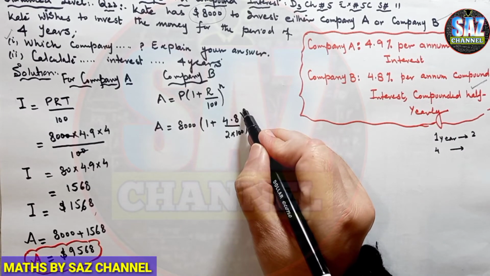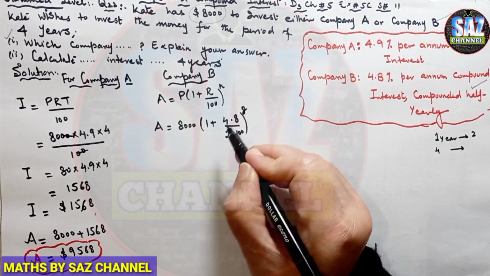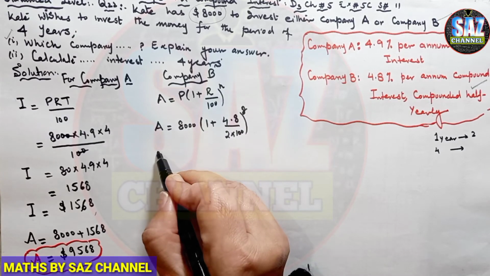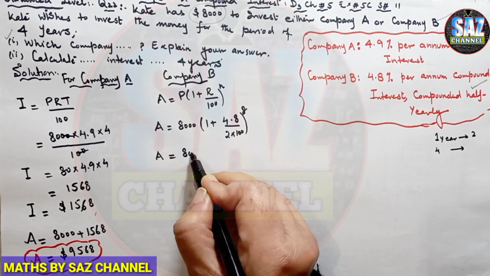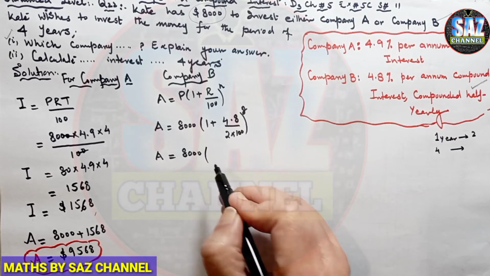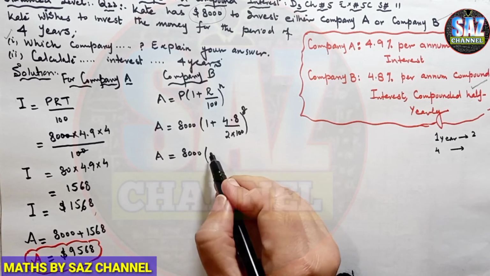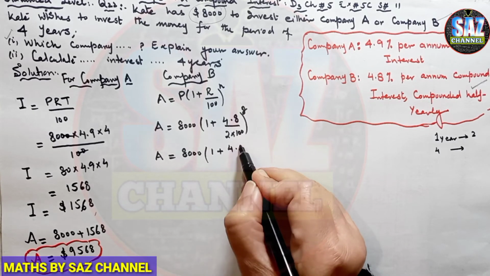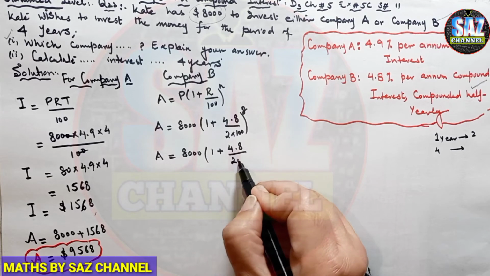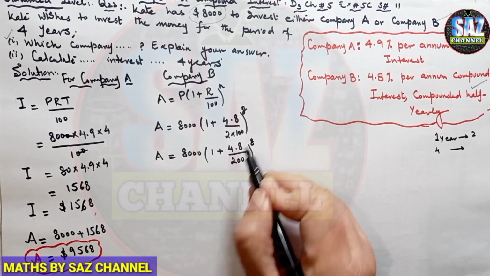So I have to write here raised to the power of 8. I hope you are clear about this point. This is an important and technical point, and the question is purely an exam question, so you should have a clear understanding of it. This takes the form 4.8 upon 200 raised to the power of 8.